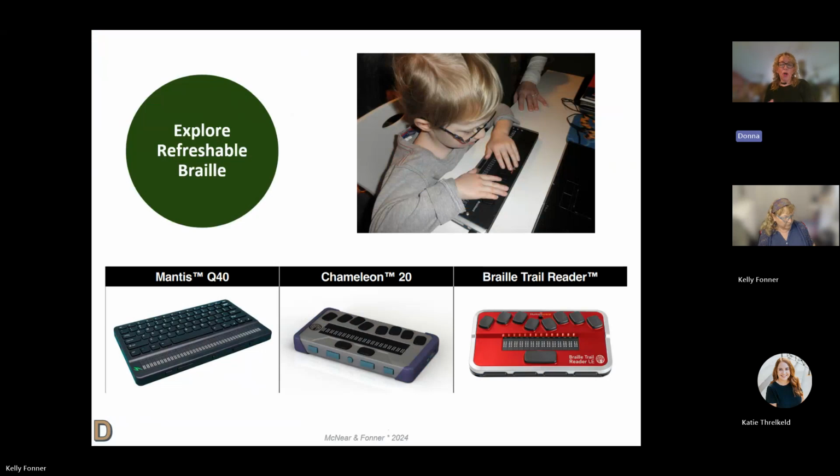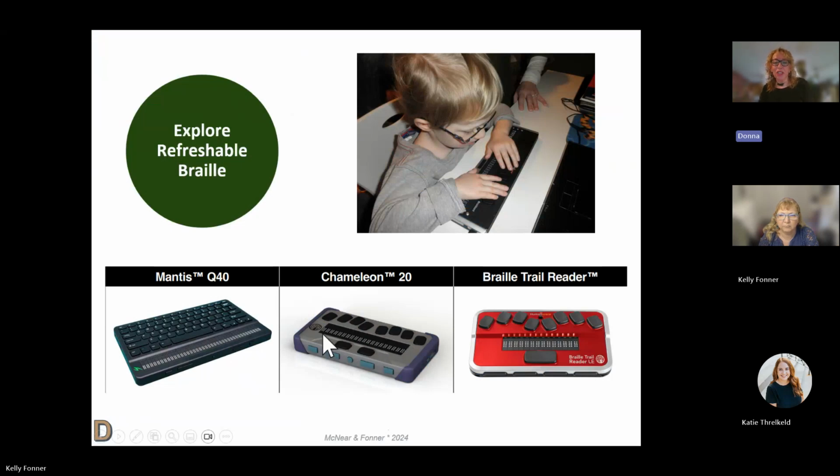And then there's a whole way of engaging with Braille, both for reading and writing, that we call refreshable Braille or electronic Braille. And there are 3 tools at the bottom of the screen. One is the Mantis, one is the Chameleon, and one is the Braille Trail. Those are all tools from the American Printing House for the Blind. And you see there's a line of plastic pins that are in Braille cells, and these are typical Braille cells.